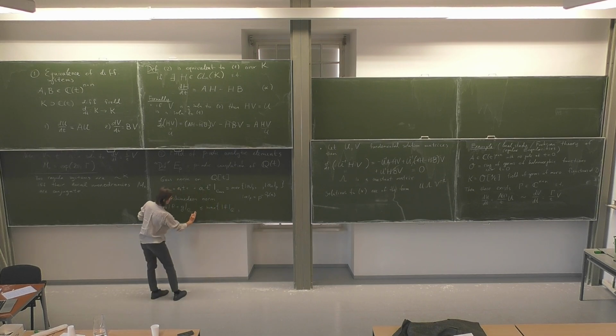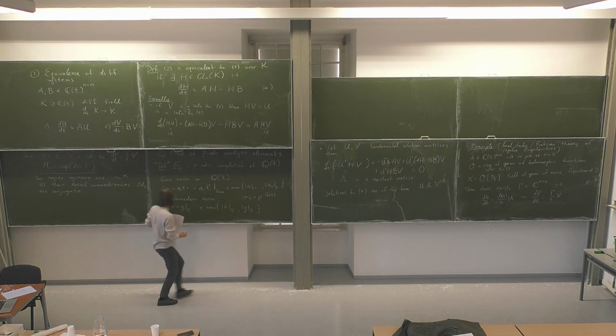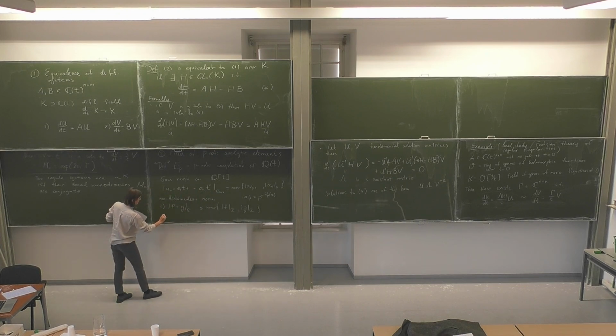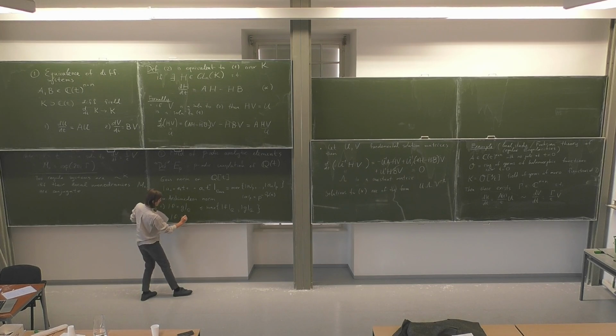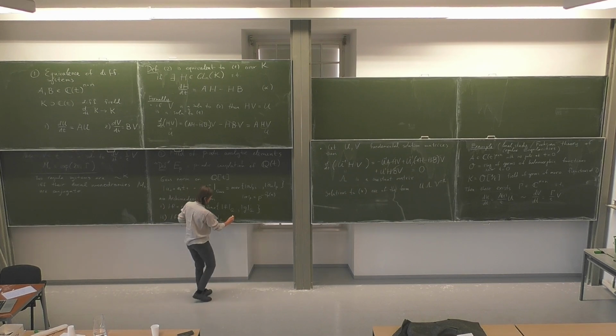Let me shorten Gauss to G, because I will have to write it many times. And secondly, the Gauss norm of a product is the product of Gauss norms. This is called the Gauss lemma, and this is why this is called the Gauss norm.